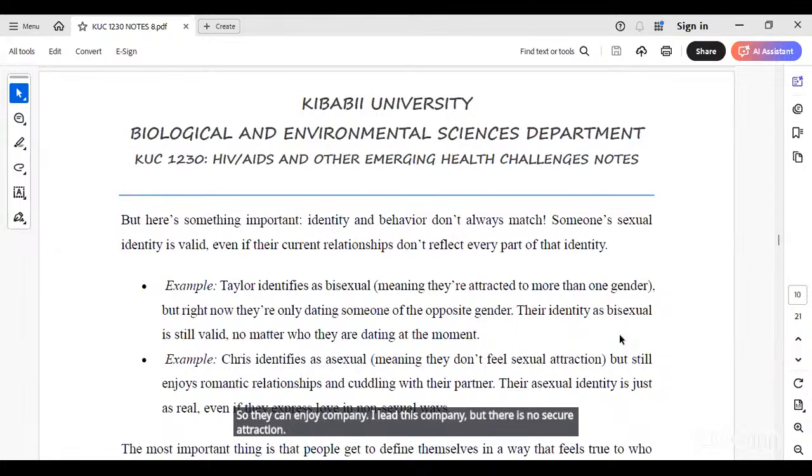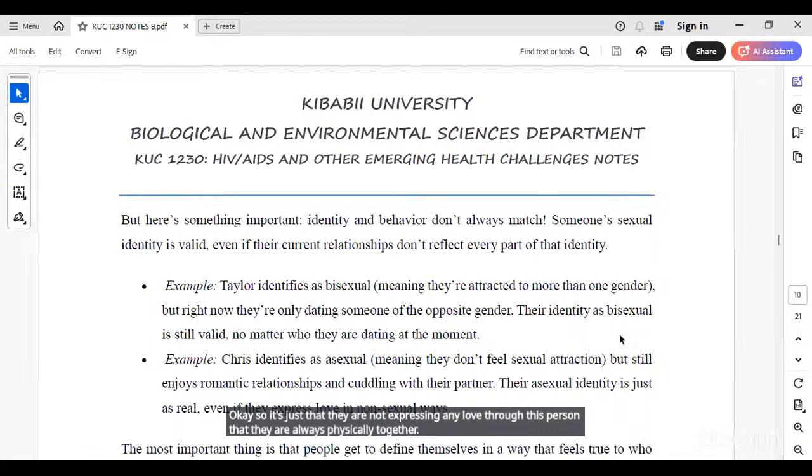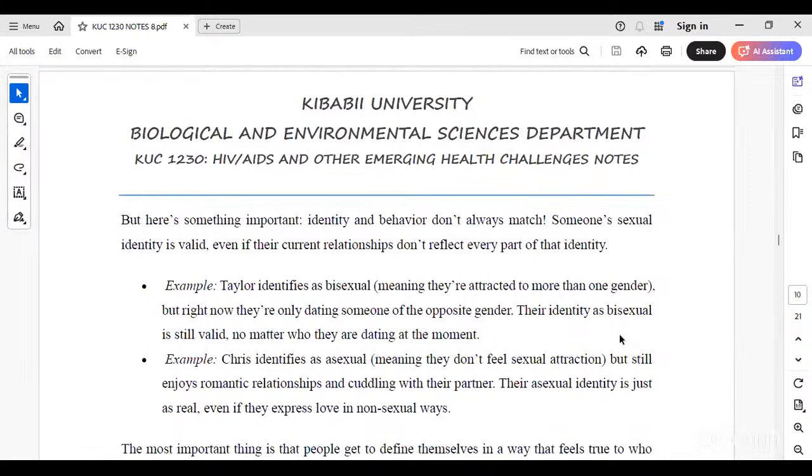So that does not change the asexual identity of such a person. Okay. So it's just that they are not expressing any love to this person, that they are always physically together. So the way you relate does not change who you are. Okay, does not change who you are.